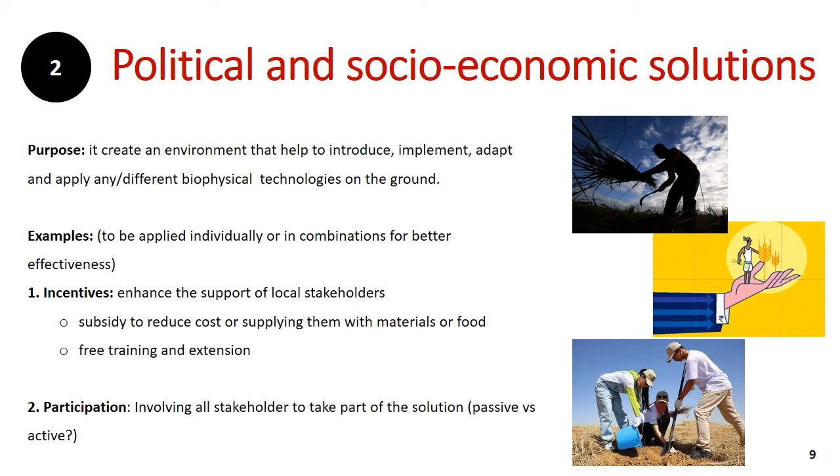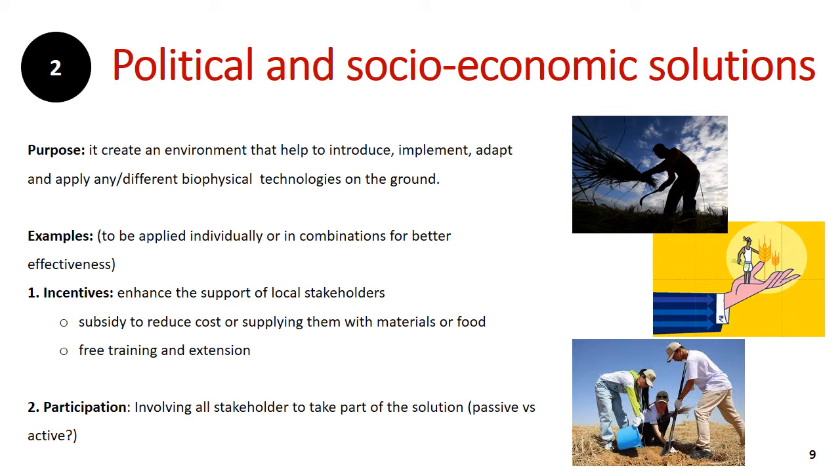Now, something that I want you to keep in mind here is that free training and extension would be much better than giving them a subsidy. Why? Because you might pay them and give them money, or provide them with equipment that would help them restore the land and fix desertification.